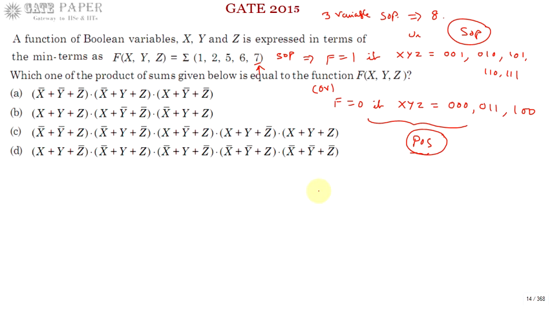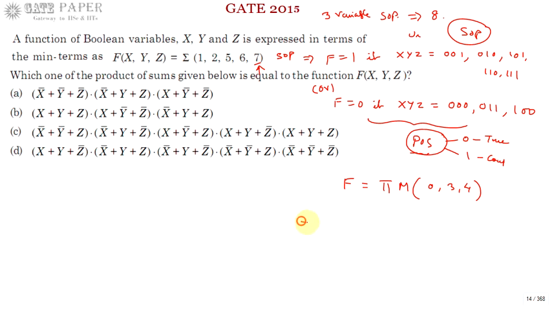So you can write f is equal to product of max terms of 0, 3 and 4. 0, 3, 4 is 0, 0, 0, 0, 1, 1, 1, 0, 0. But in case of POS, 0 represents the true value and 1 represents the complement.